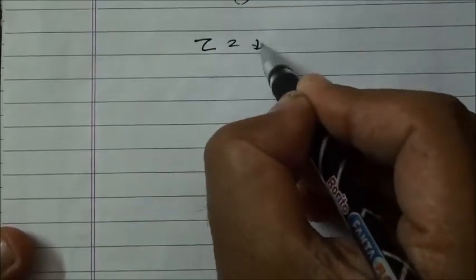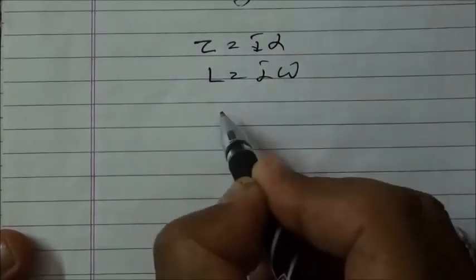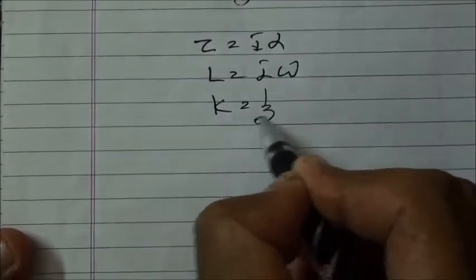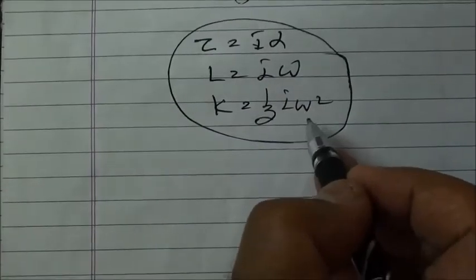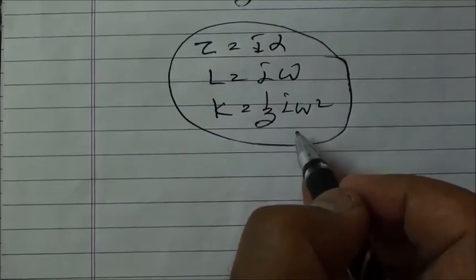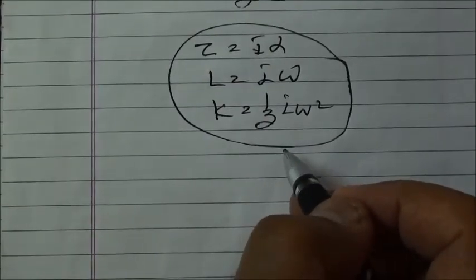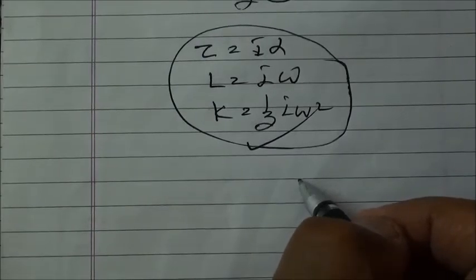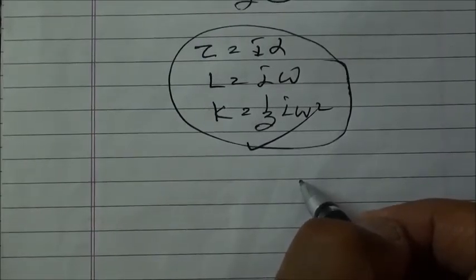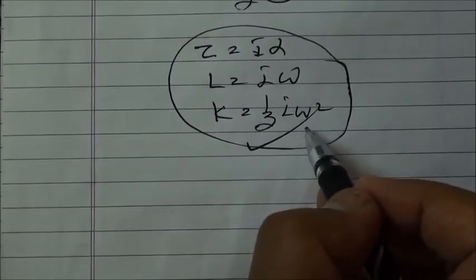So at the end, torque is I alpha for a rigid body, angular momentum is I omega, and kinetic energy is half I omega square. The body is rotating about an axis, at its place only all the particles are moving, just like a fan. So kinetic energy will be half I omega square. The center of mass is not moving forward, it is at its own place. So the different particles move around an axis, so half I omega square.